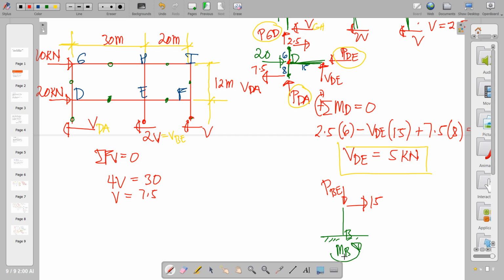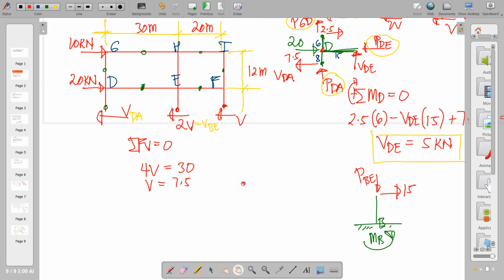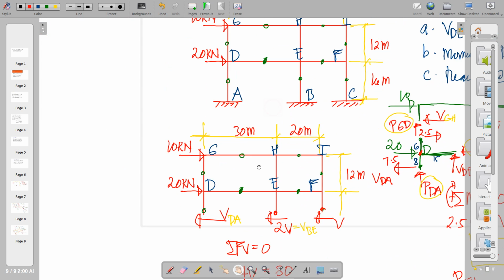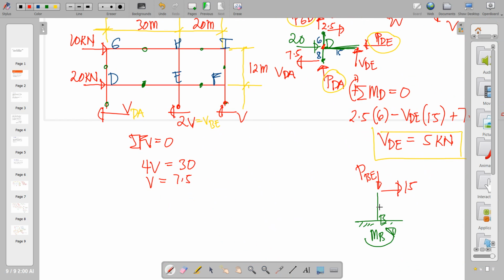it has no effect on the moment at B. So the moment at B is 15 by half of 16, we have 8. So the moment at B is equal to 15 by 8.